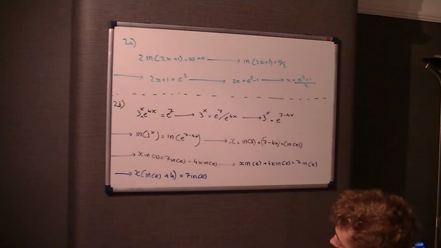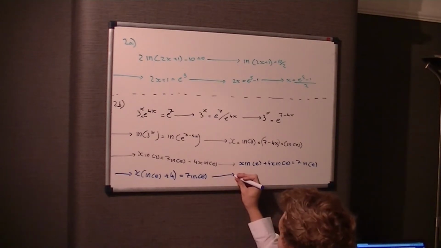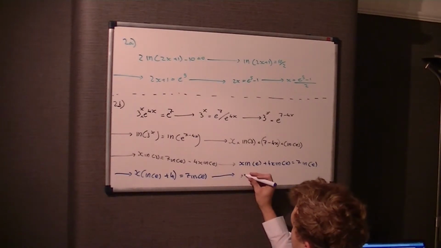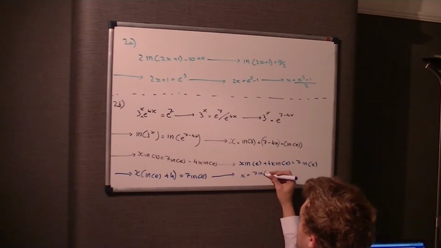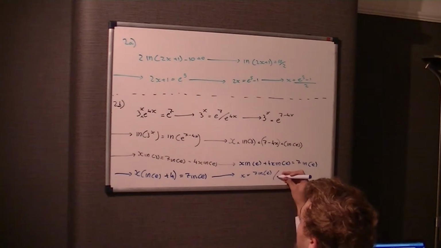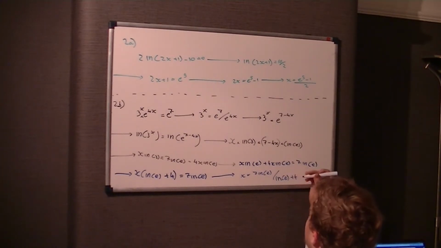Therefore, because x times the ln of e plus 4 equals 7 ln of e, we can just say x equals 7 ln of e over ln of e plus 4.